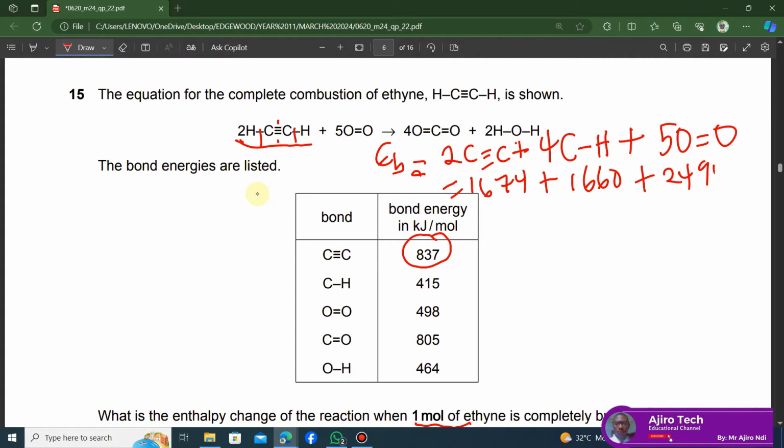Adding all this up, 2490 plus 1674 plus 1660, we have 5824 kilojoule per mole. That's the energy required to break.